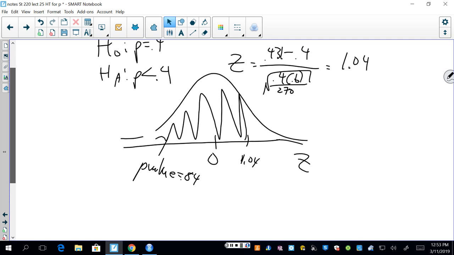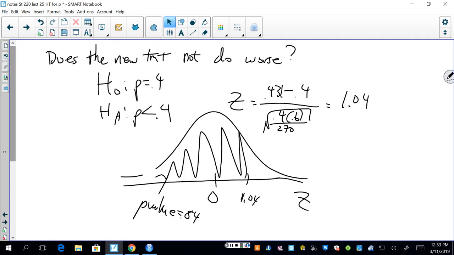So you look this other way and hope that you don't reject, because you don't want bad things happening. Or you're developing generics. You can show that something is at least equivalent or not much worse. You might get a number that's a little bit less than 0.4, but if it's not significantly less than 0.4, you might still be able to claim it's equivalent.